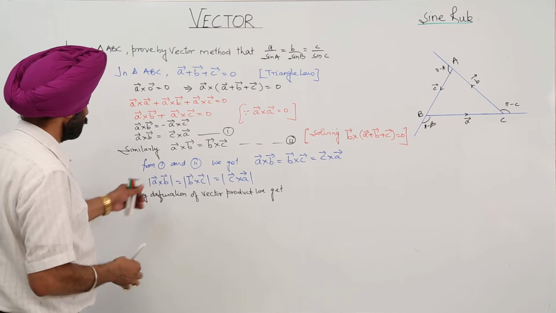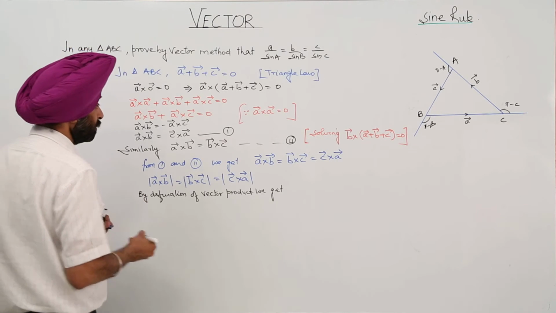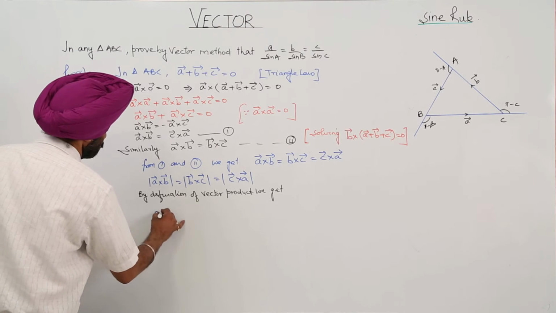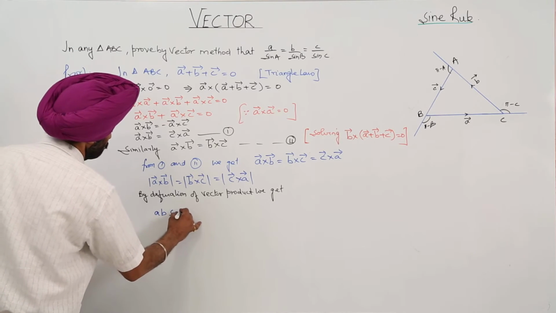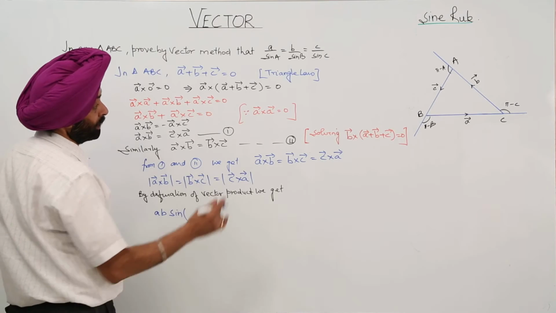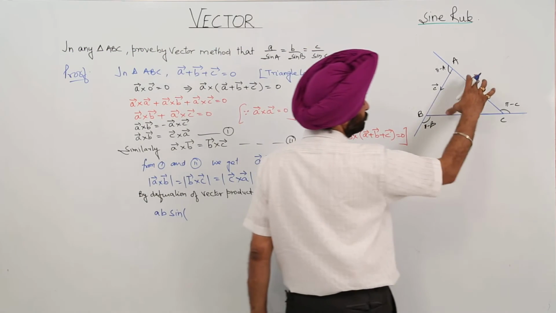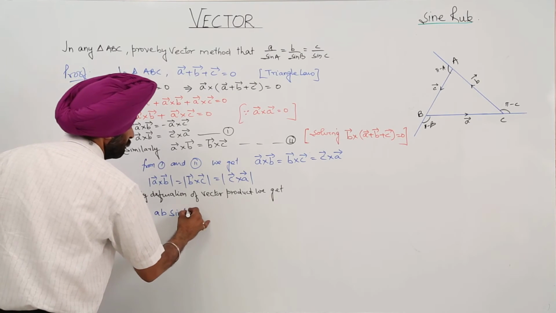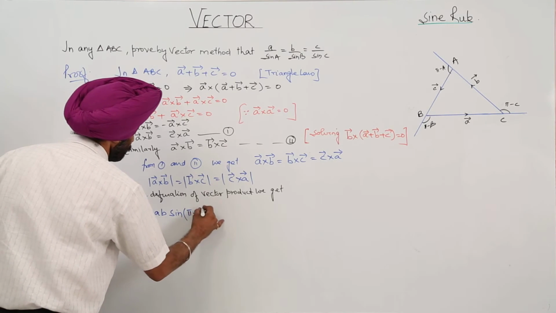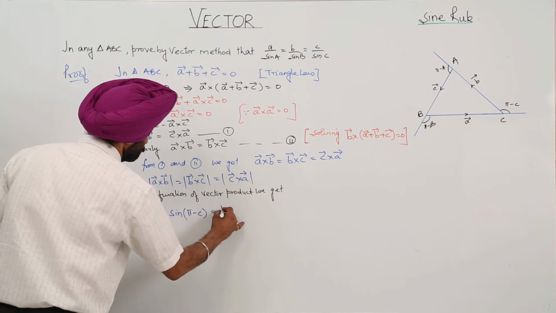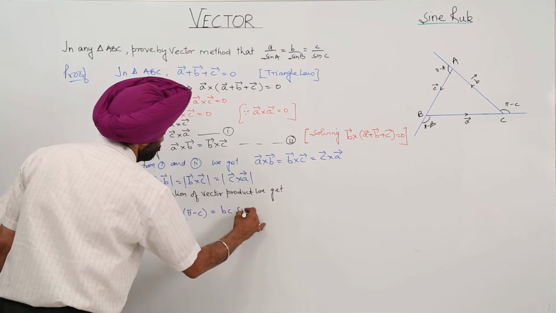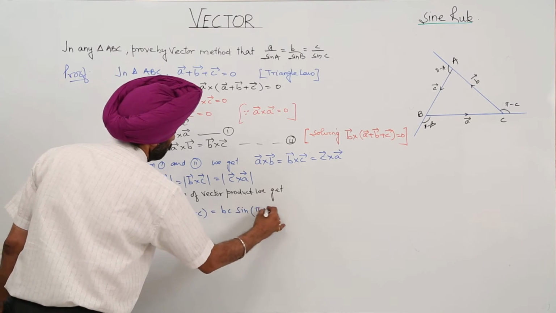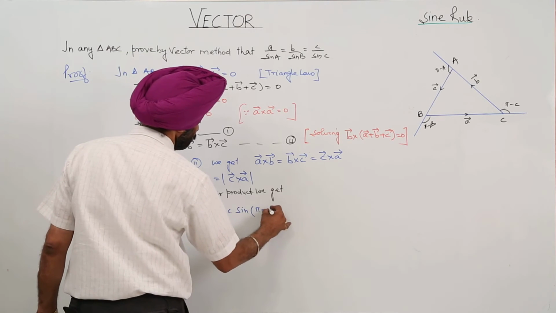We are getting here a cross b. Now a cross b becomes ab sine, where the angle between a and b is pi minus C. Okay, it is ab sine (pi minus C). This is equal to bc sine (pi minus A).